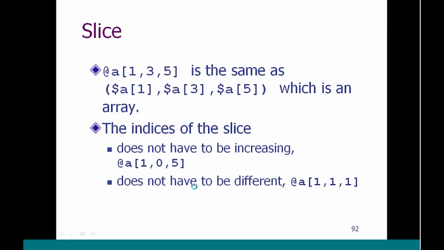The indices of the slice do not have to be increasing. For example, ampersand A 1, 0, 5 is perfectly legal, and also the indices need not be different. It can be just A 1, 1, 1, which essentially says that from my array, I need the first element's value set 3 times.